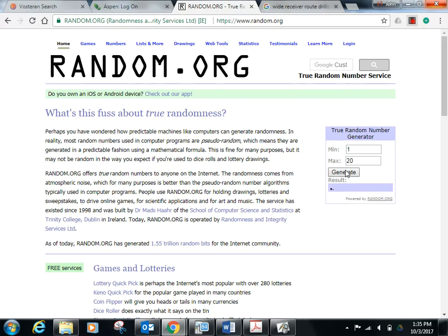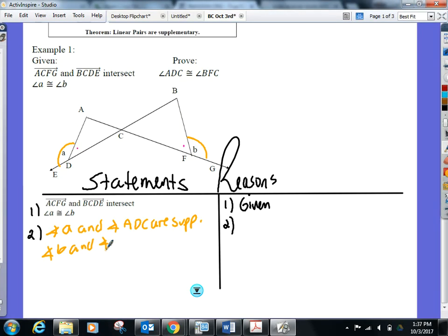Angle A and what angle is supplement to A? ADC are supplementary. And again, you can start abbreviating supplementary, SUPP, that's fine. Angle B and what angle is supplement to angle B? BFC.